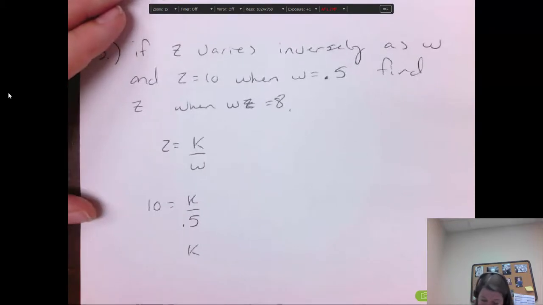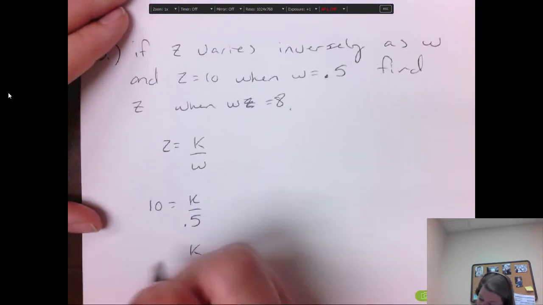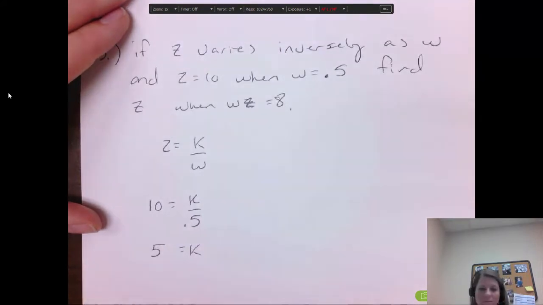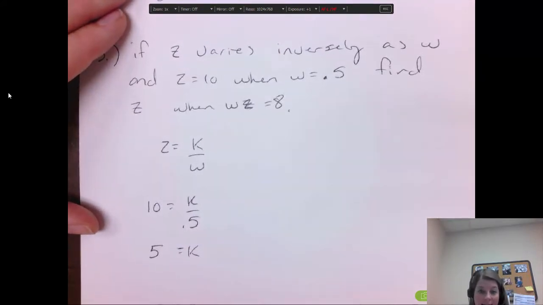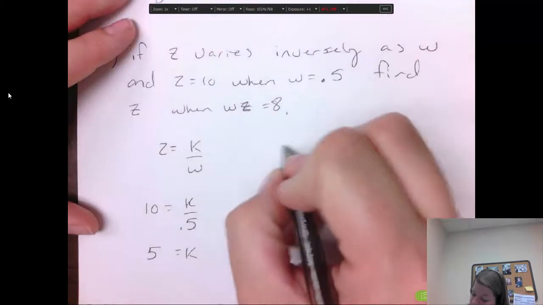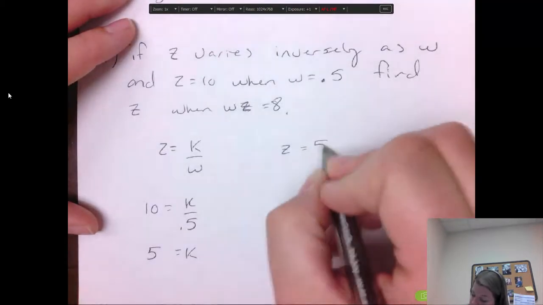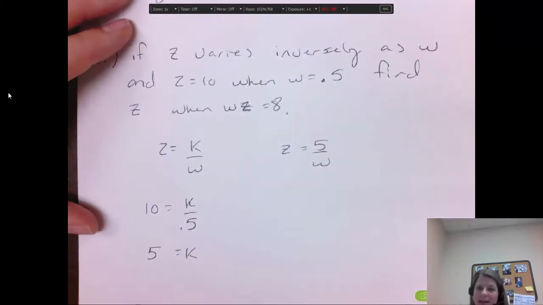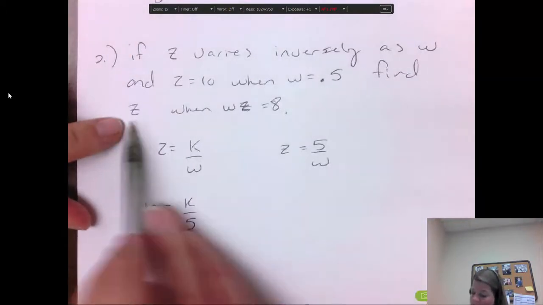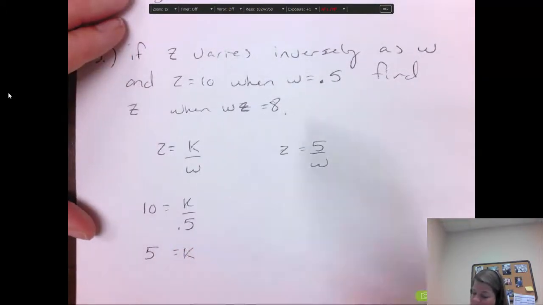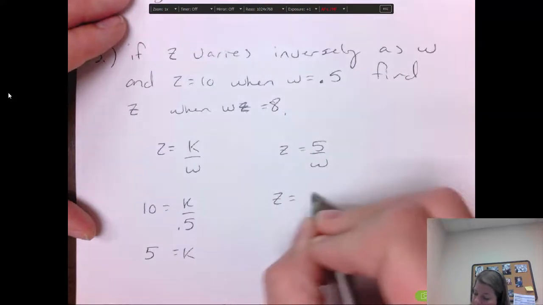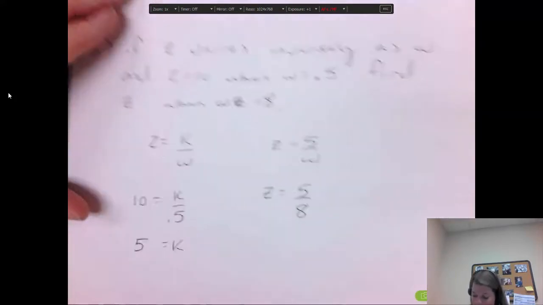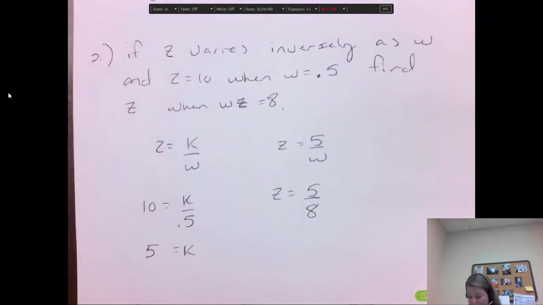And what is 0.5 times 10, or half of 10, is 5. So k is 5. Now I can set up my formula, right? They're related by 5. And the last part, find z when w equals 8. So what is z? It's 5/8. We can write the decimal, but that's it.